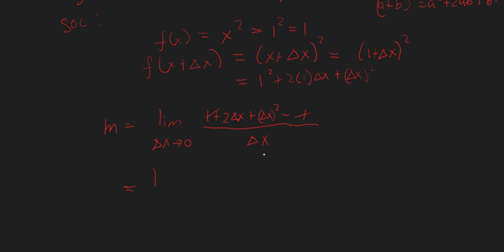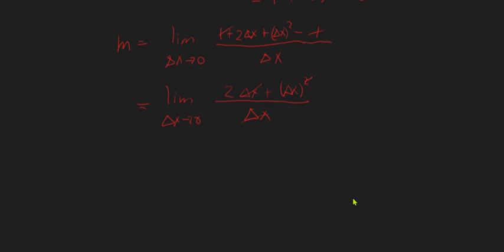So this will be equal to the limit as delta x approaches 0 of 2 delta x plus delta x squared all over delta x. So here we can cancel out delta x, and another delta x here. So the remaining will be the limit of 2 plus delta x as delta x approaches 0.